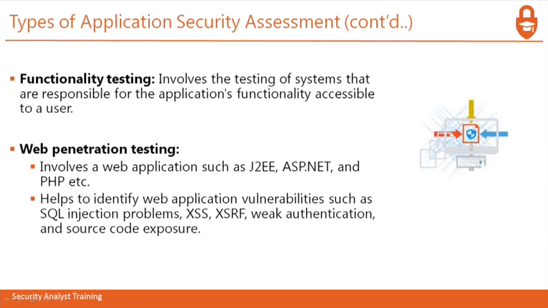Another one is your web penetration testing. Web penetration testing involves checking a web application written in any language. It could be J2EE, it could be ASP.NET, it could be PHP. In this testing, the team is given a set of accounts on an application with different privileges or different access, you may say, so that each team can find the type of vulnerabilities which you are having.